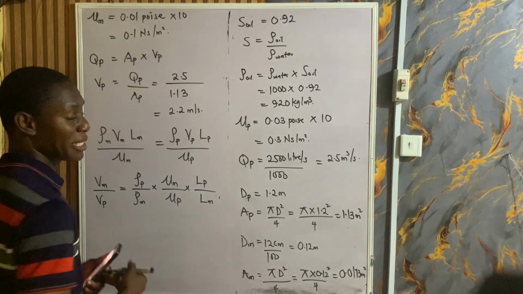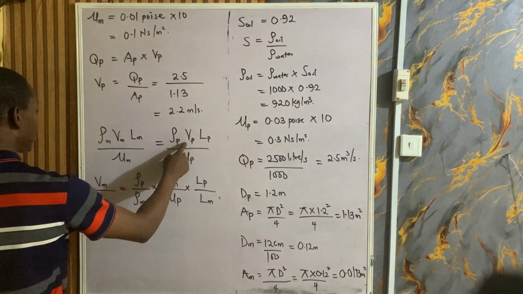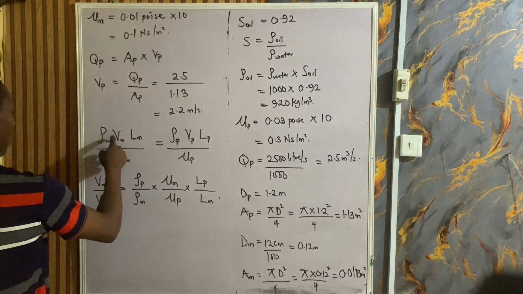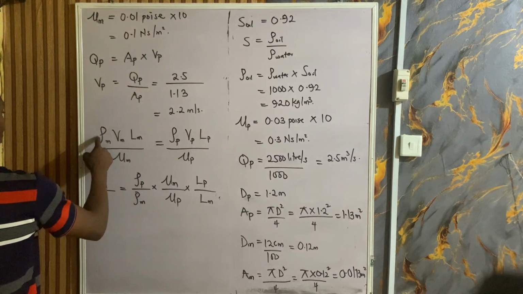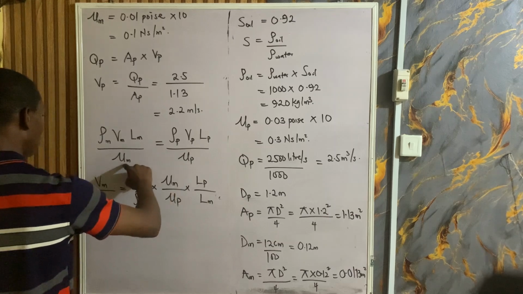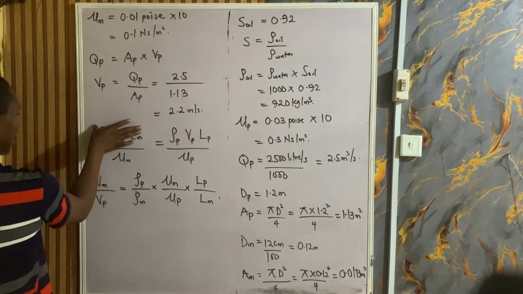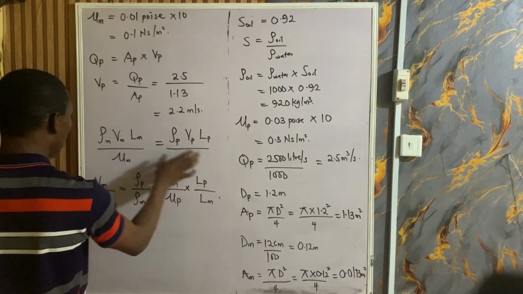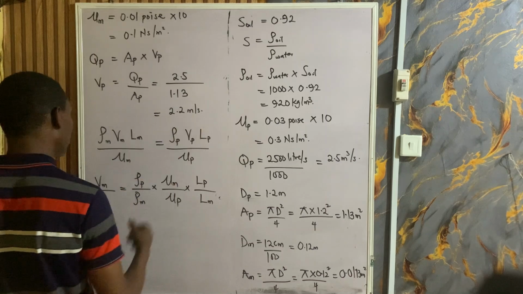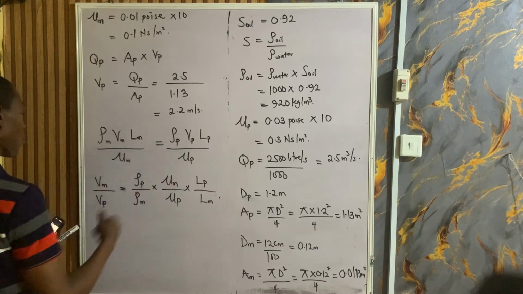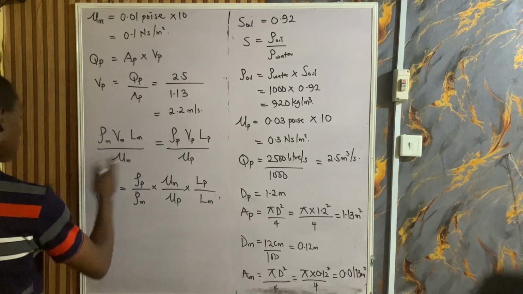Very simple. All I quickly did here was to bring this to this side, so it becomes Vm over Vp, and brought this down and took this up. So whatever is at the numerator goes to the denominator, and whatever is at the denominator goes to the numerator when you have equality between two formulas or two relationships.